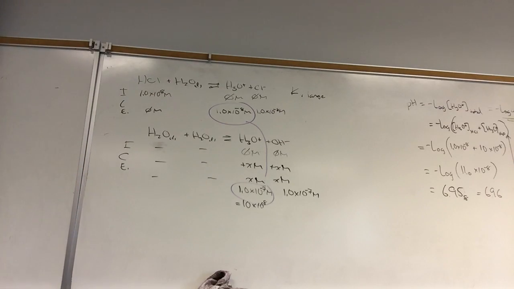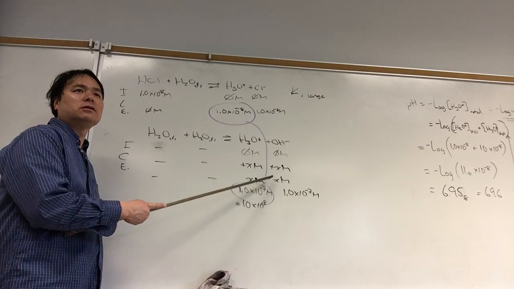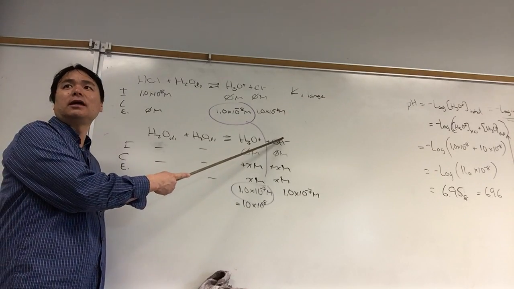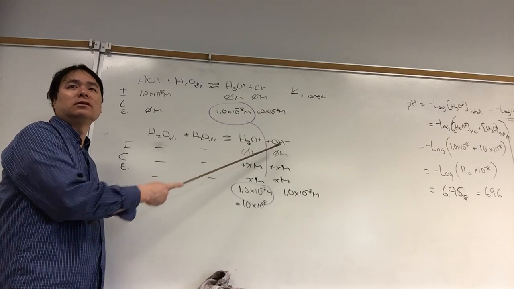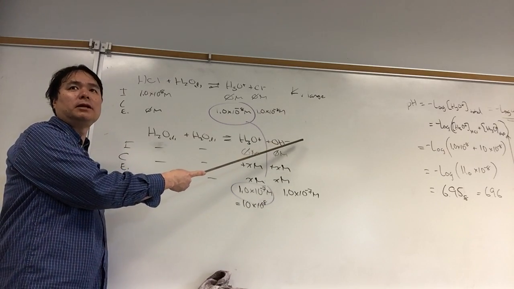How do we usually check our answer? We just make sure that the equilibrium concentrations multiply out to Kc, or if we have equilibrium pressures, we make sure they multiply out to Kp.